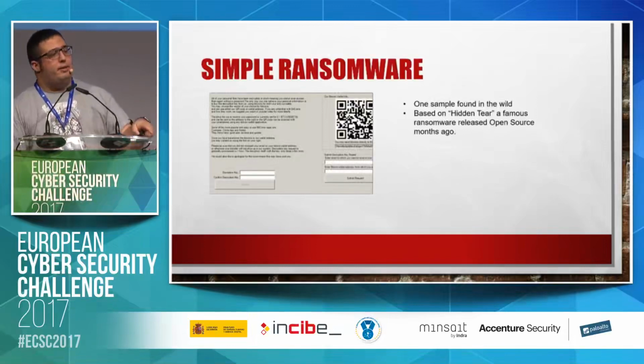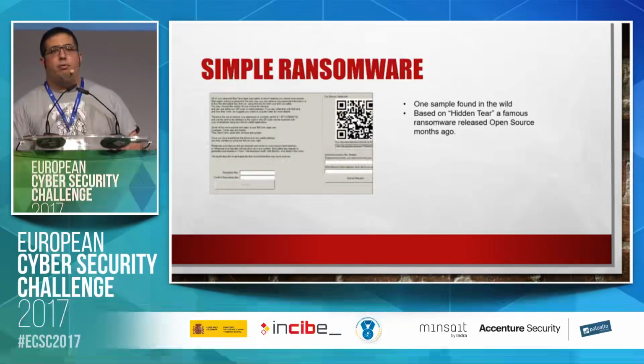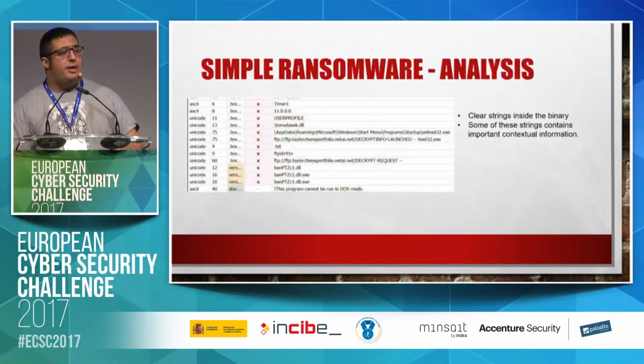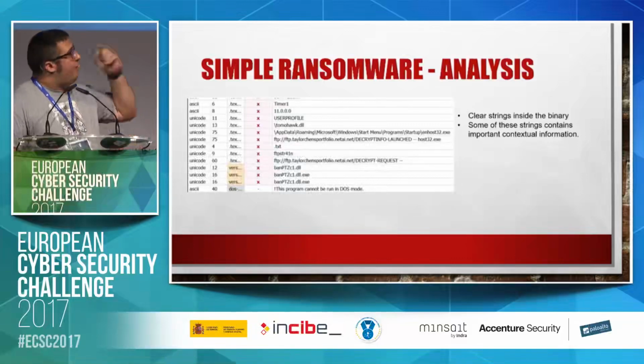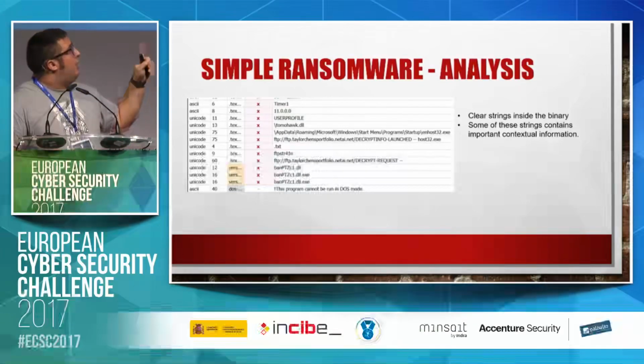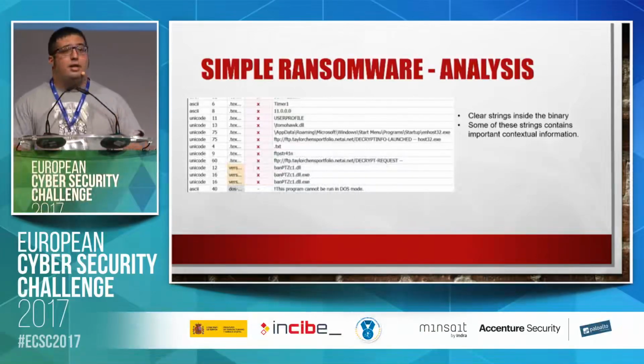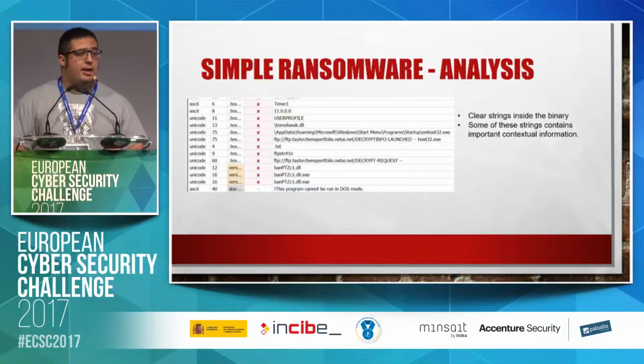As you see on the screen, it's a ransomware that is claiming to have the decryption key to recover the files in the system. We execute PStudio to get some of the strings inside the malware, and you can see references to an external website, an FTP location, and some path locations inside the operating system.